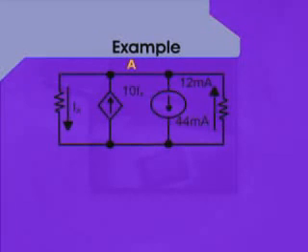The slide shows there is one current which is marked as Ix and a current source which shows 10 times Ix current supplying to the network.